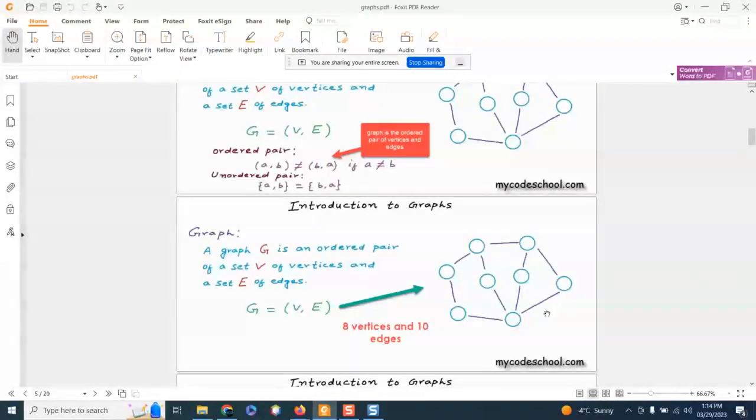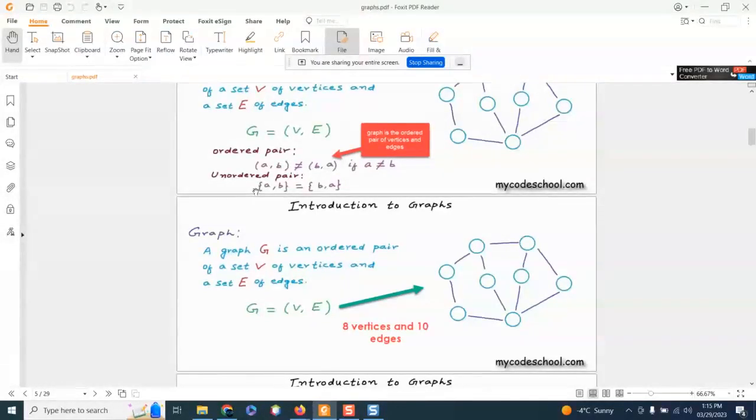So this graph is a complete ordered pair of vertices and edges, where AB is not equal to BA. You will understand a little bit more when I scroll down to the next few slides. But a graph is the ordered pair of vertices.